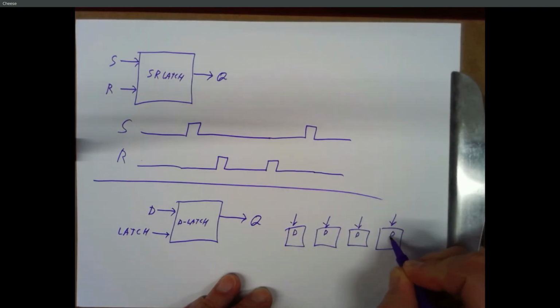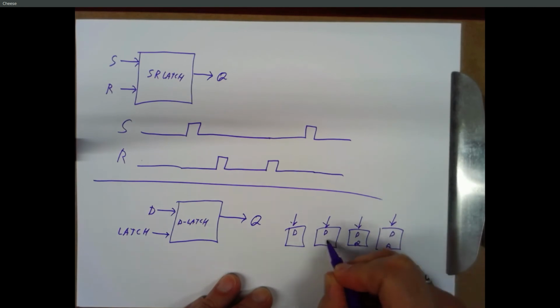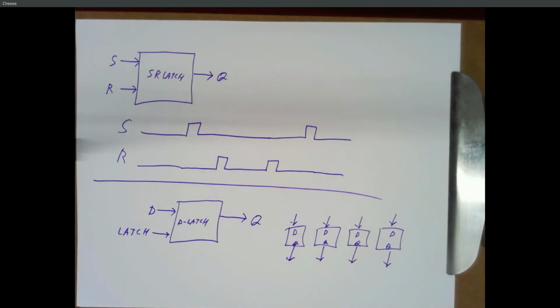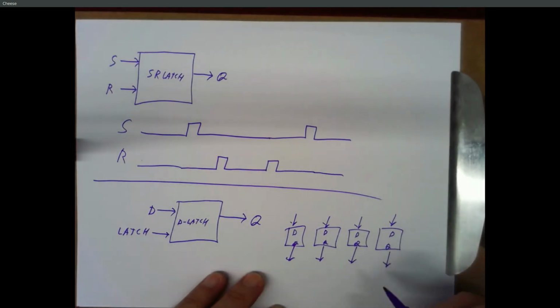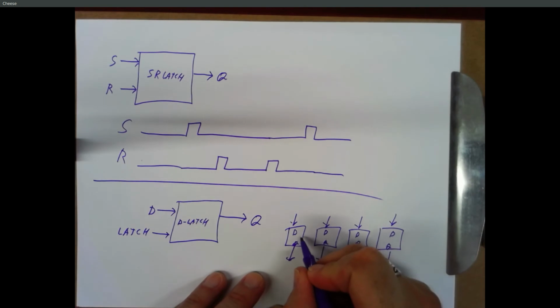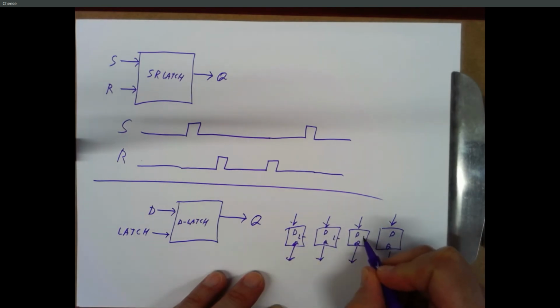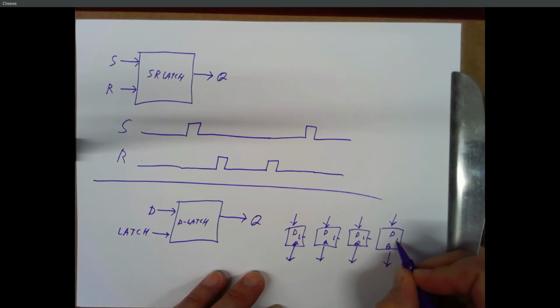So if each of these is a D latch, and here I'm showing D on the top and Q on the bottom, and let's assume I'll just use L for latch. Let's assume our latch input is over here on the right.